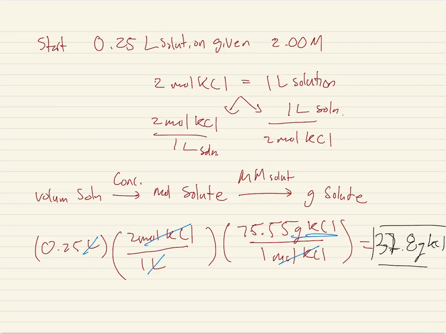So you don't have to do this in a unit conversion, but if you're more comfortable, this way also works. Sometimes it's just a little harder to see directly formulating or making our conversion pathway, right? Because we have to start from the volume of solution, which is not necessarily intuitive.